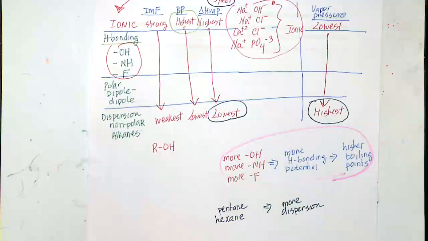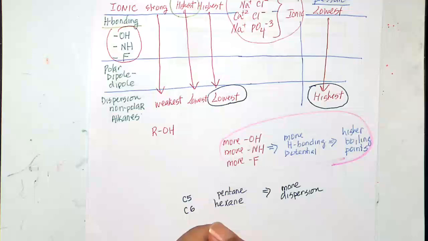Which had more dispersion forces? Okay, so this has 5 carbons, and this has 6 carbons. Do we know the structure of pentane and hexane? These are hydrocarbons. So what would require more force to evaporate? Something that has 5 carbons or something that has 6 carbons?